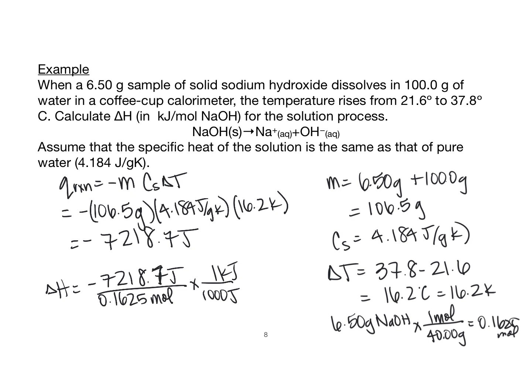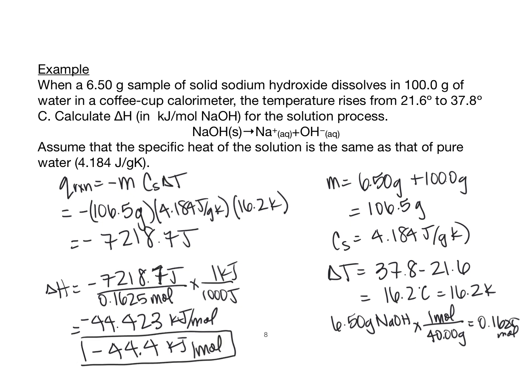And that gives us 44.423 kilojoules per mole. And based on our supplied answers, we can have 3 sig figs, which gives us 44.4. We lost our negative sign. Let's bring it back. Negative 44.4 kilojoules per mole. And that equals delta H of reaction.